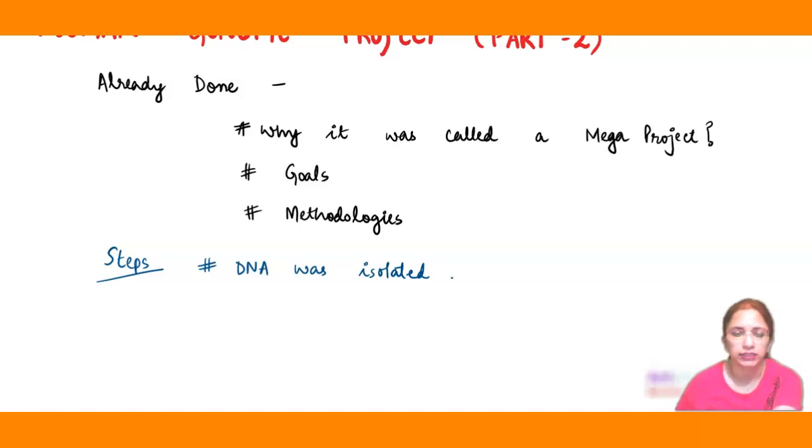So the second step was done only if the quantity of DNA was less. PCR stands for polymerase chain reaction. This is a process that we will study later. In this process, the DNA quantity can be increased.